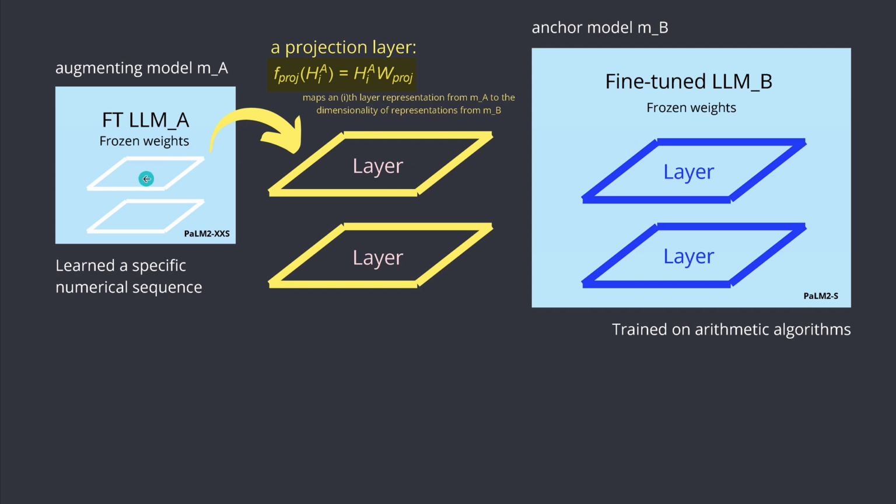We just have to project this dimensionality to a dimensionality that is identical to our anchor model, to our big model. So this just maps a specific layer representation from our model A to the dimensionality of a layer representation of the model B. So to be compatible with each other, we have to have a projection mechanism. You know this, an easy operation.